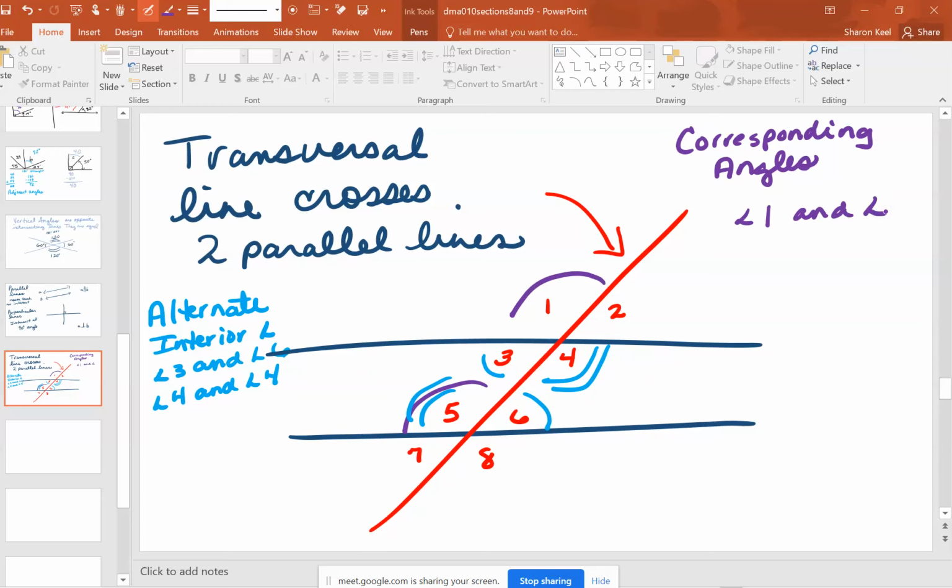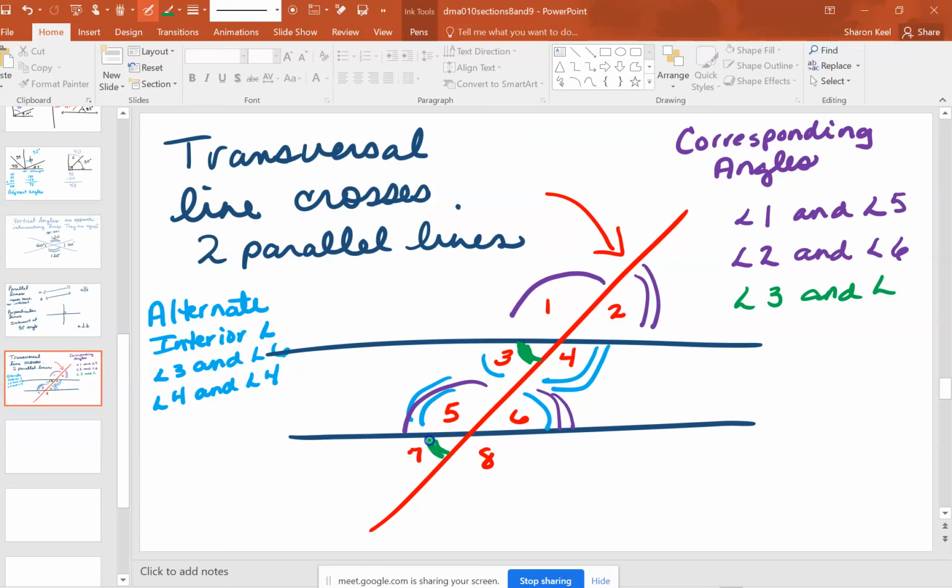If I were to look at angle 2, angle 2 is a corresponding angle to 6. 2 is here. It's on the right of the transversal. It's above. It's in the same location as the 6. If I were to look at, let's say, angle 3, it's in the same corresponding location as, now 3, if you'll notice, is below the parallel line and it's inside.